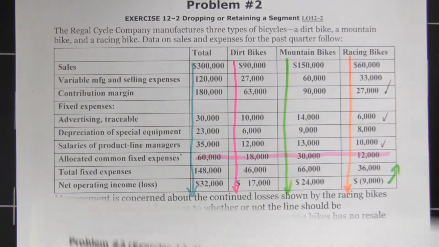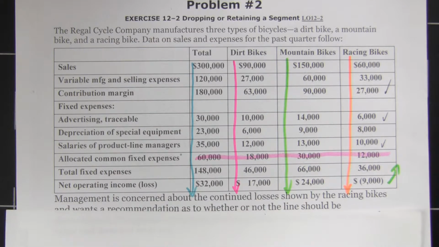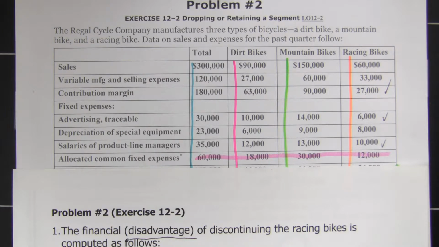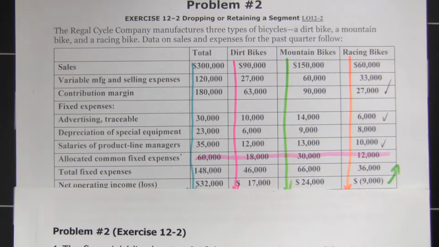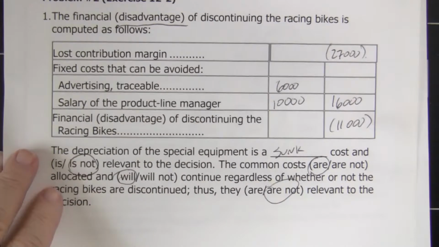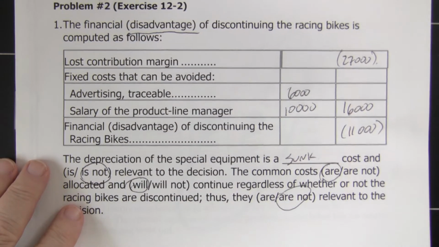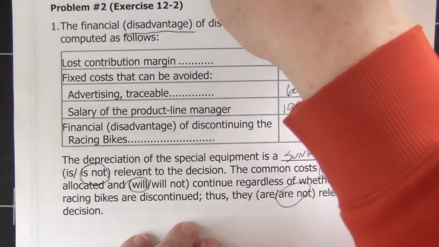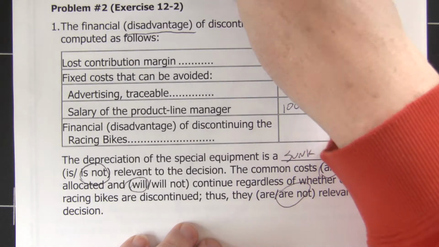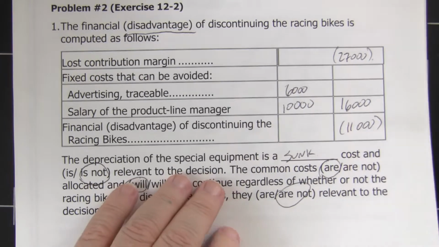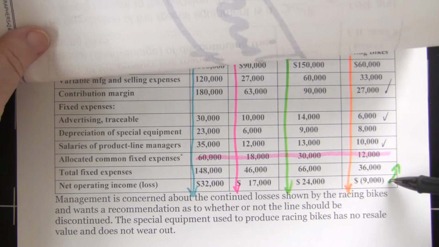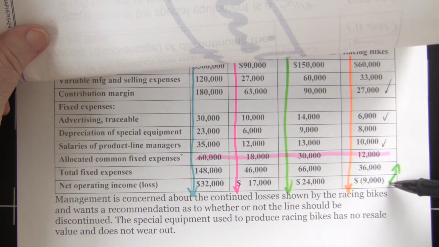So, when you allocate the common fixed cost, it looks like the racing bike division is losing $9,000. As you see, if you go through and actually give up that division, you actually lose $11,000. Because remember, this $9,000 that you're losing really isn't a loss.